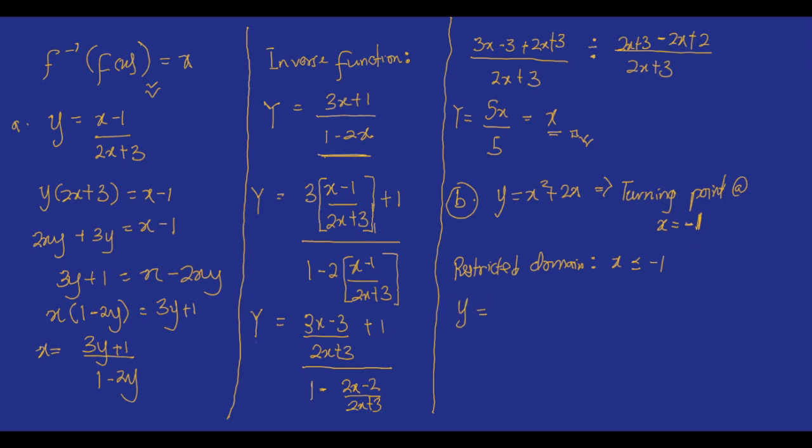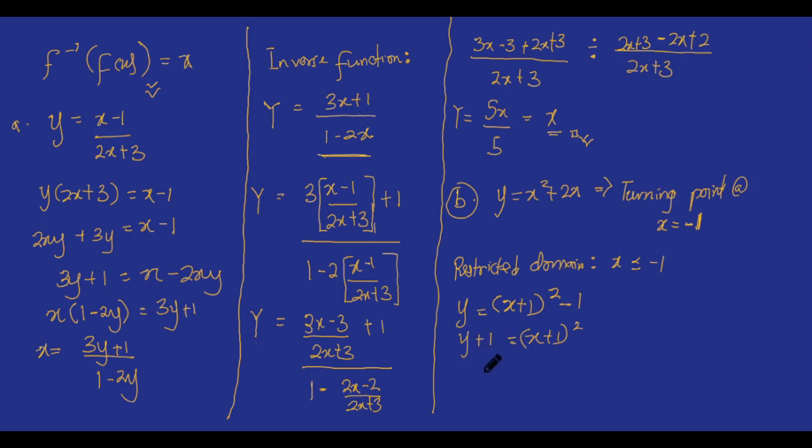Let's try to complete the square. We have y is equal to x plus 1 all raised to the power of 2, then minus 1. So we can make x the subject of the formula here. This becomes y plus 1 is equal to x plus 1 raised to the power of 2. We can find the square root of the function.